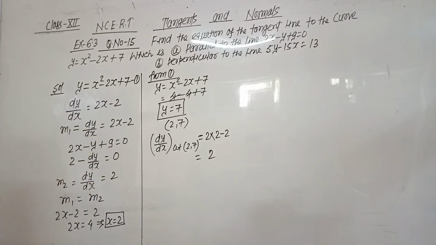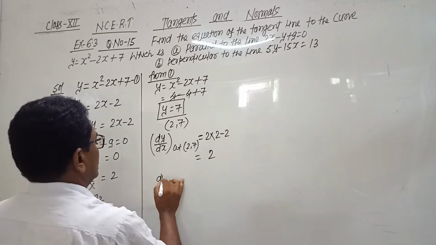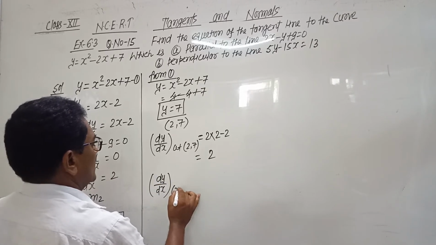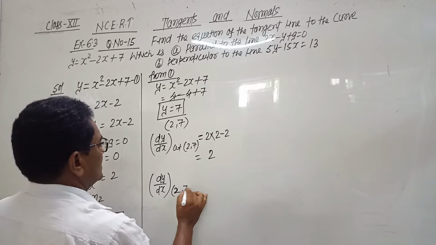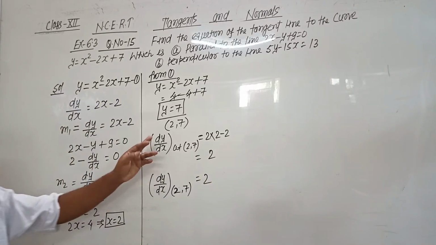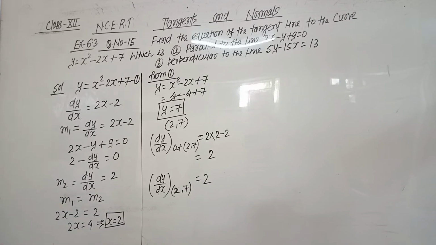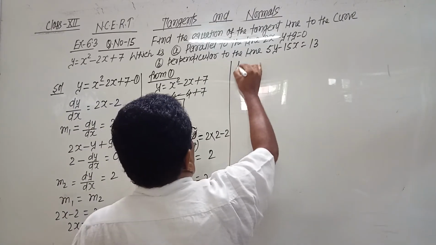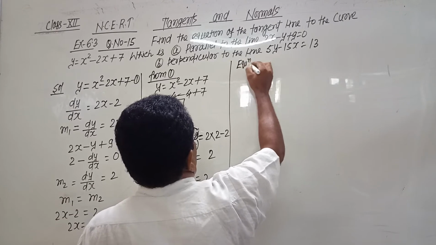So dy by dx at the point (x1, y1), which is (2, 7), comes to be 2, where the value of x1 is 2 and the value of y1 is 7. So we find the equation of tangent.